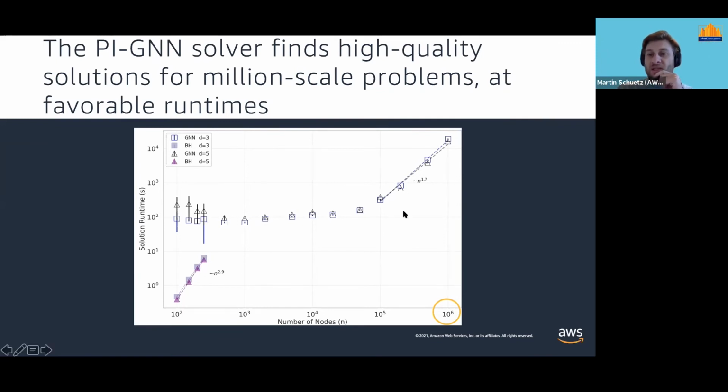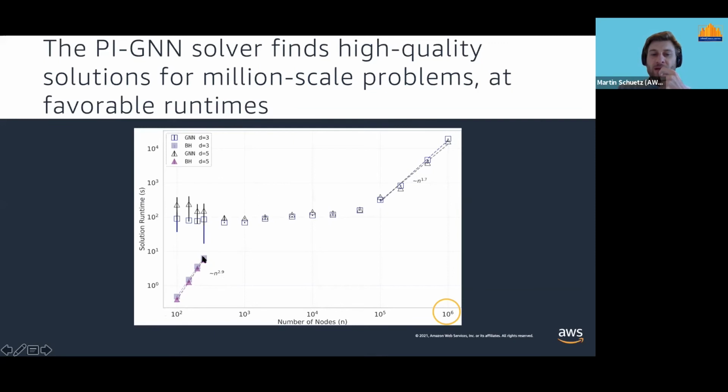And we can do so very quickly because we see a very moderate scaling of the runtime as a function of the number of nodes, polynomial scaling with a mild exponent. If you contrast that with the traditional benchmark solver, it is actually faster for very small problems with hundreds of nodes, but it has a polynomial scaling with a larger exponent.